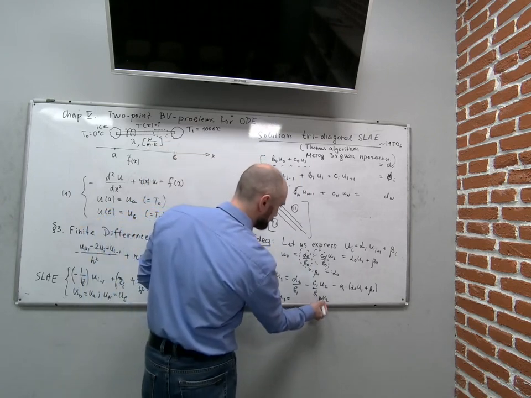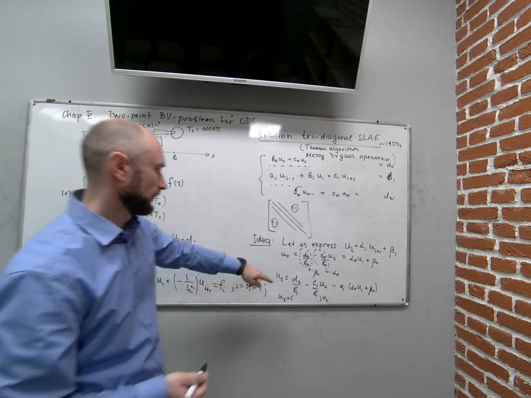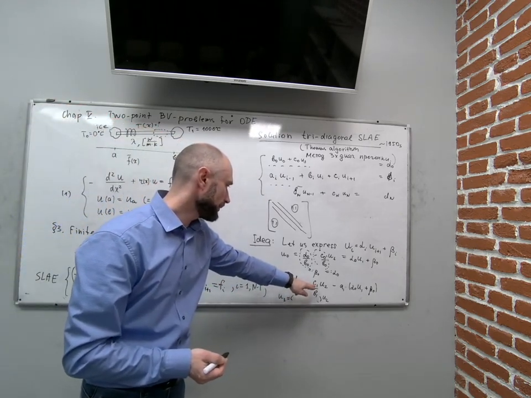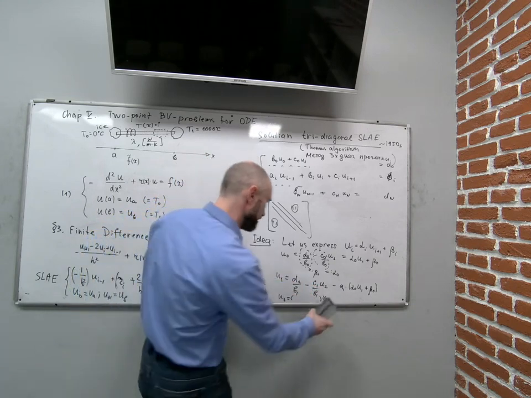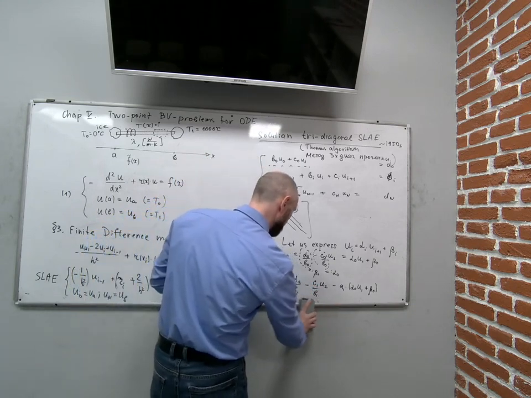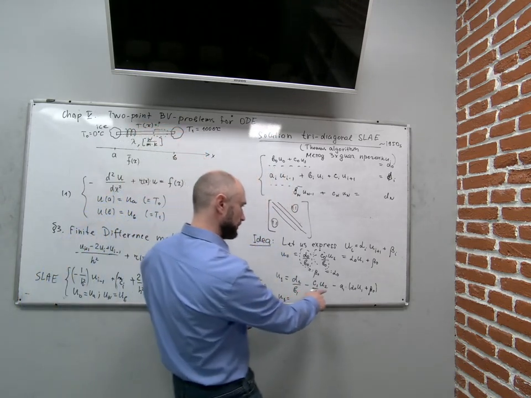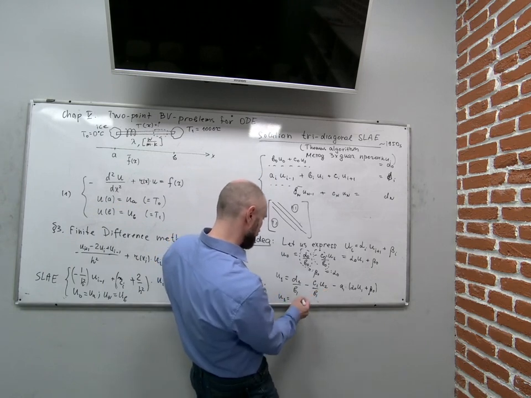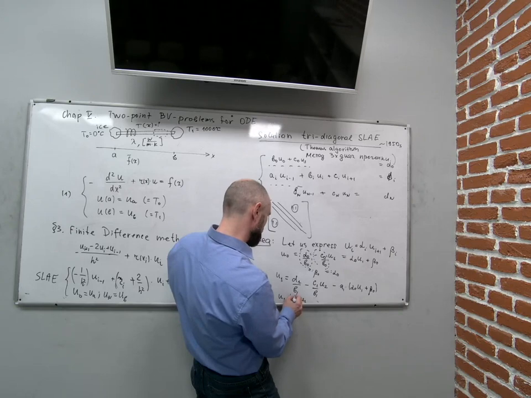I want the coefficient before u2, and this coefficient will remain the same as in the previous equation, right? So the coefficient before u2 is just minus c1 by b1.